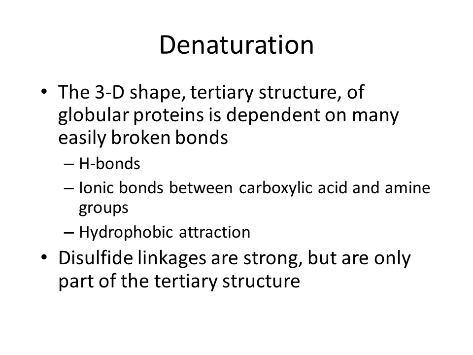This three-dimensional shape, the tertiary structure, is dependent on many bonds. Now, the disulfide linkage is hard to break, but hydrogen bonds are very easy to break. Ionic bonds between carboxylic acids and amine groups are very easy to break, and the hydrophobic association between hydrophobic groups is very easy to break.